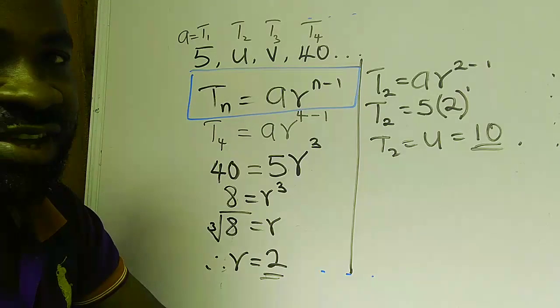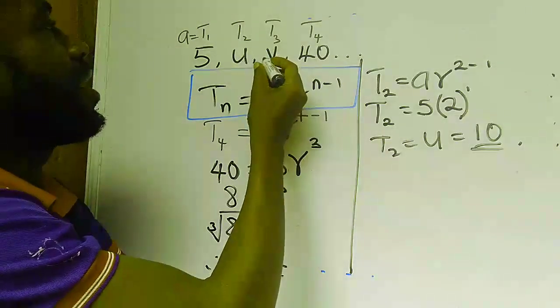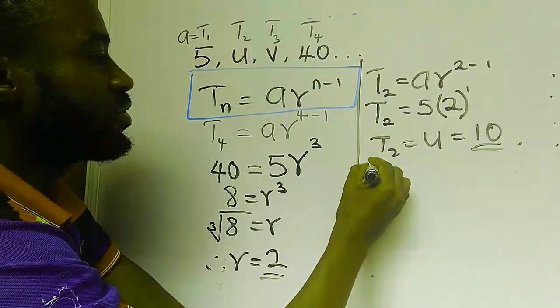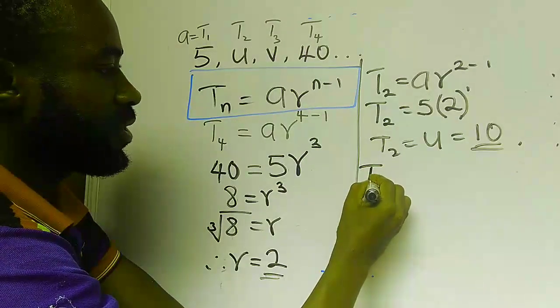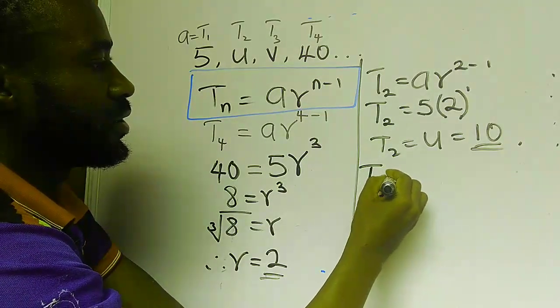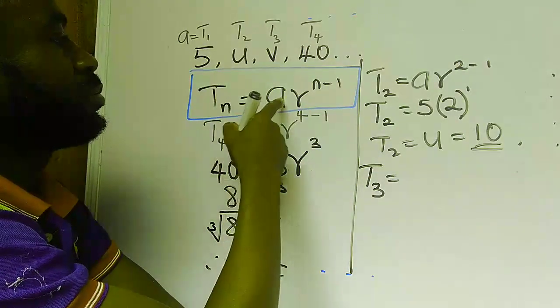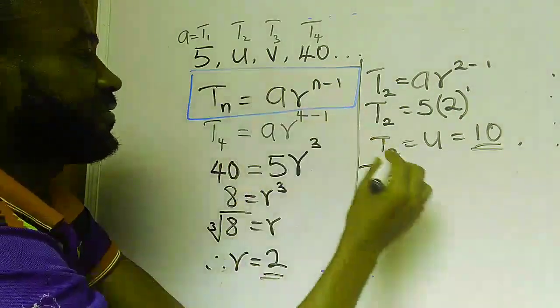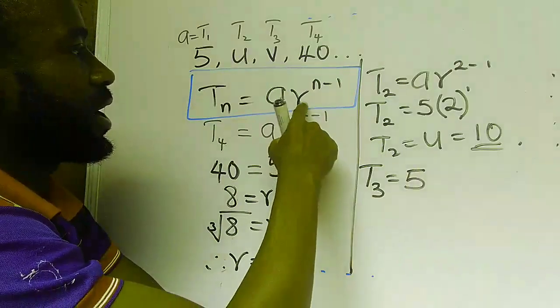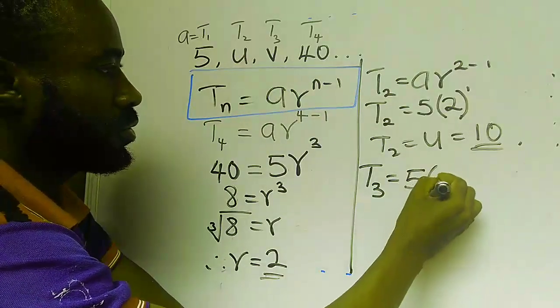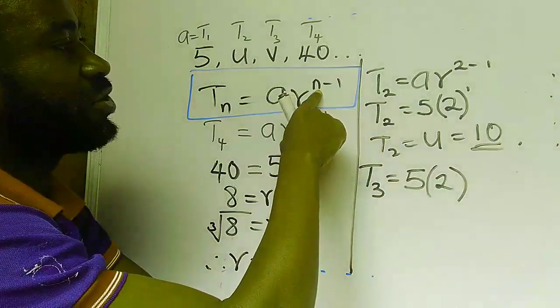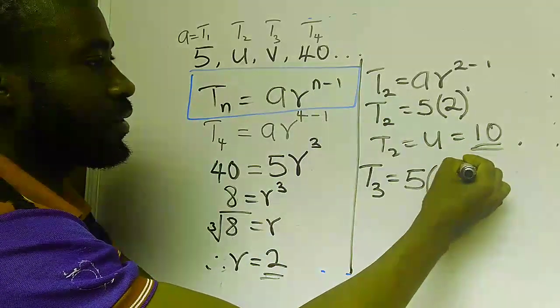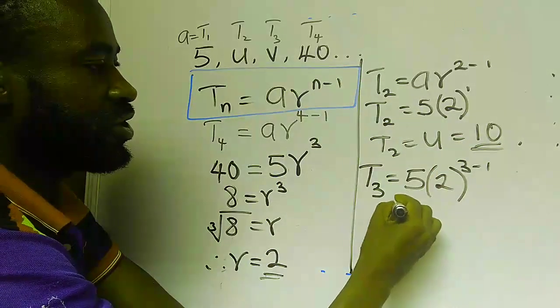So we can as well get our V. Our V is T3. When we do the same thing for our V, T3, if 3 takes the place of n here, we are having A. Our A is 5. Our R is 2, raised to the power of n, which is 3, so 3 minus 1. We already know how to do that.